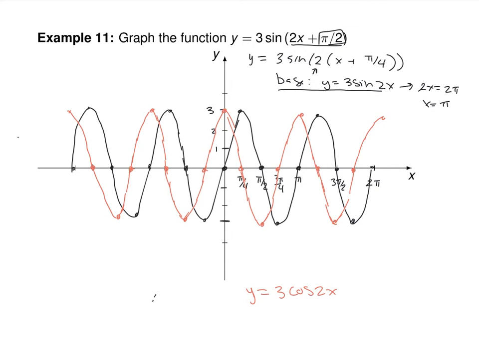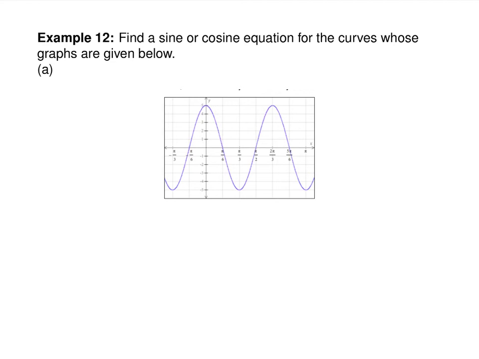So, okay, and the very last thing, this one we need to know. We're going to find sine or cosine equations for curves that are given. I'm sorry these didn't copy all that well, but these were just screenshots off of Alex. So what I want you to be able to do is tell me, first of all, was this a sine or cosine curve? And then you've got to figure out what the equation for it is from there.